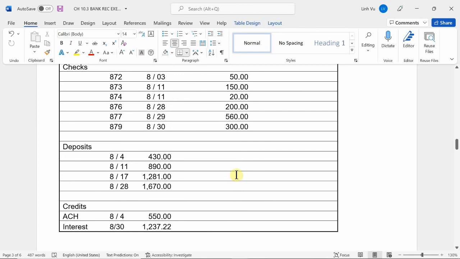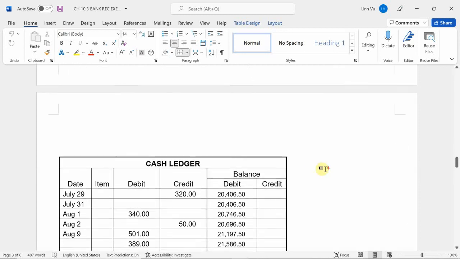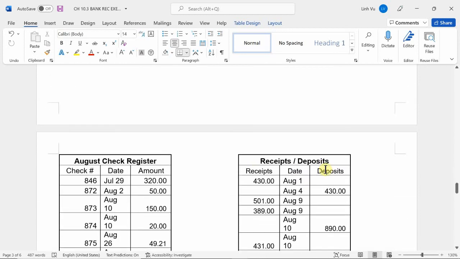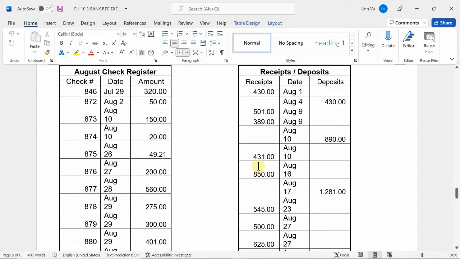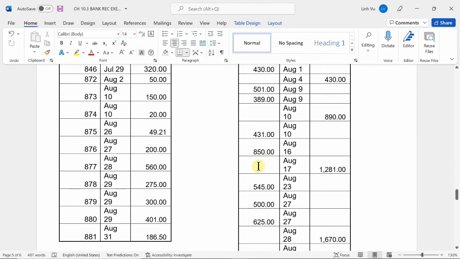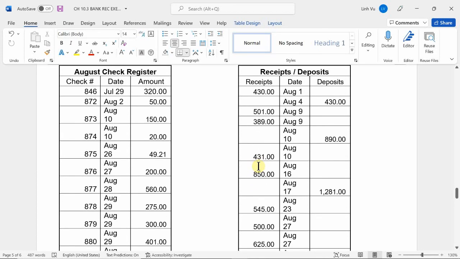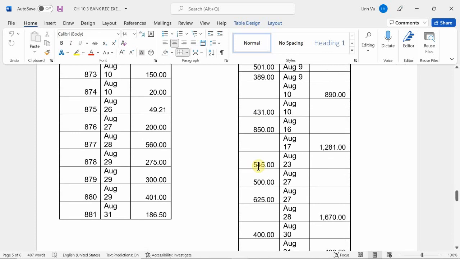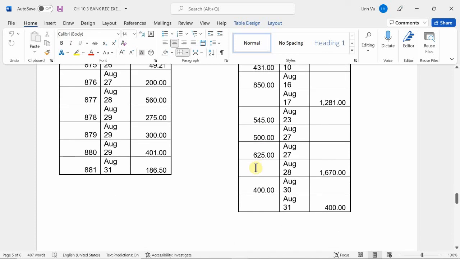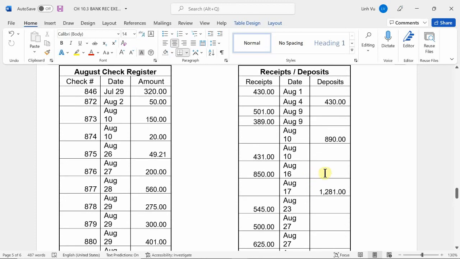We have 1, 2, 3, 4, and we have here 72, 3, 4, 5, 77 until 80. So which deposit am I missing?